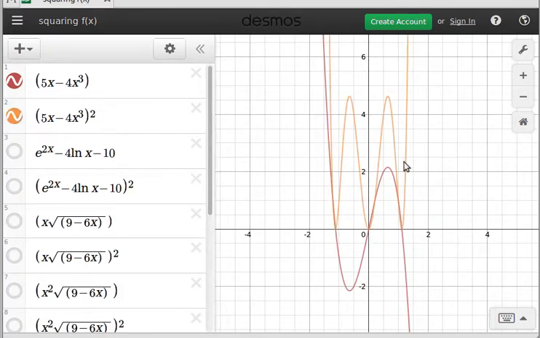If I square this, I get this orange graph. This value right here is a little bit bigger than 2. If I square that number, I would get a little bit bigger than 4, probably close to 5. And you can see that there's a maximum occurring at the same x value.